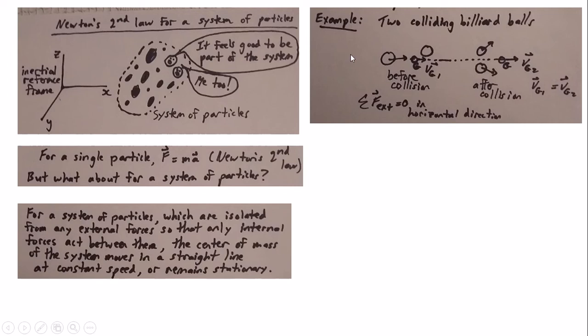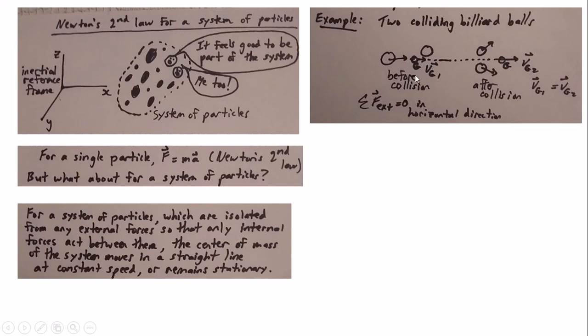But in this case, we can just look at the horizontal direction and analyze this problem under the consideration that there are no external forces acting. So for this system here, there are only internal forces acting, and those internal forces occur when these two billiard balls collide.